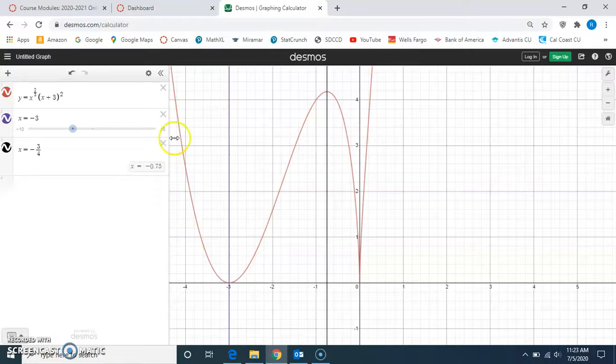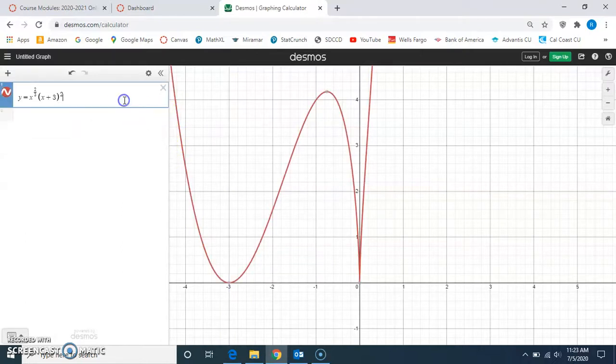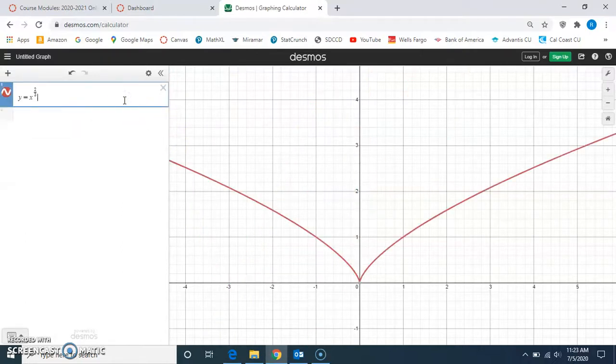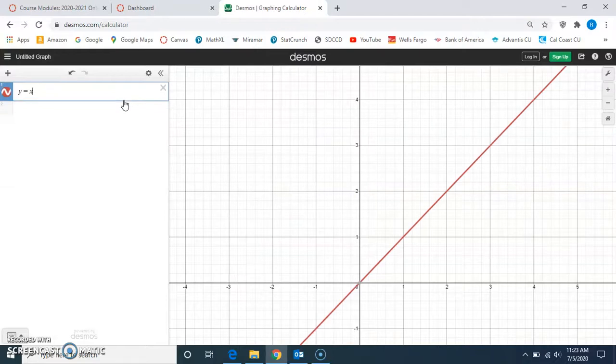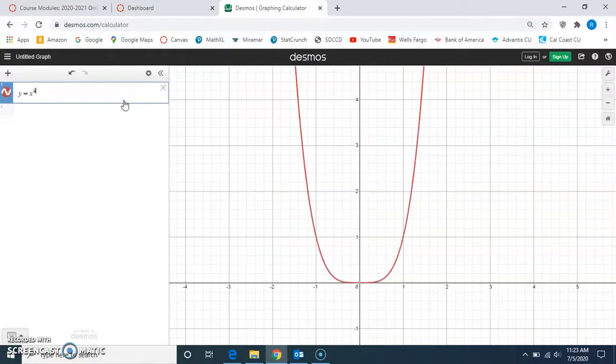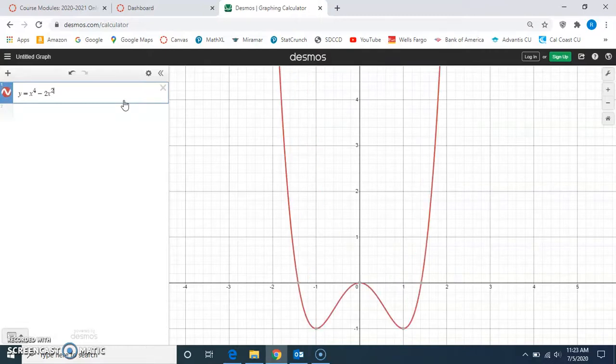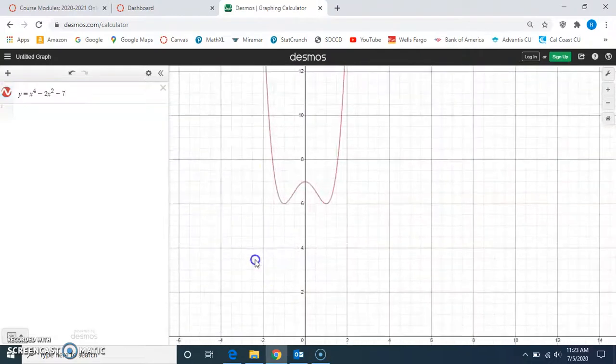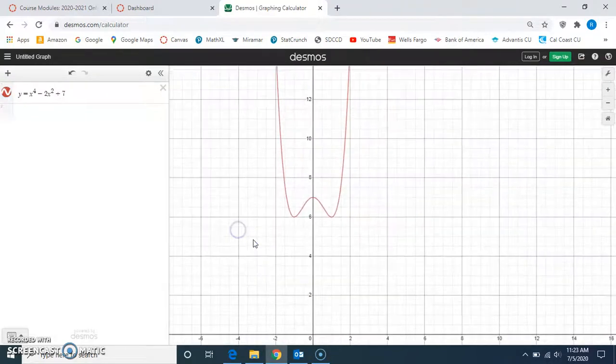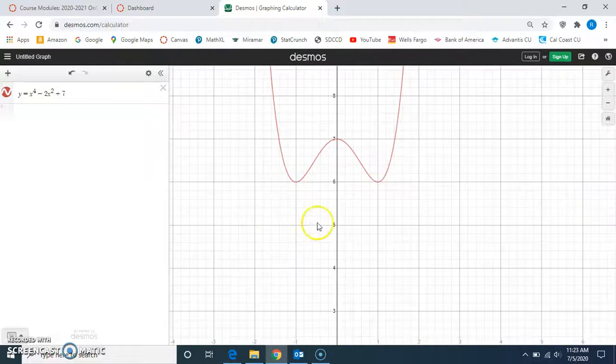And finally, the example we did with absolute maxes and mins. We were looking at x to the 4th minus 2x squared plus 7. I've got to zoom out. There it is. I've got this W kind of shape, shifted up 7.